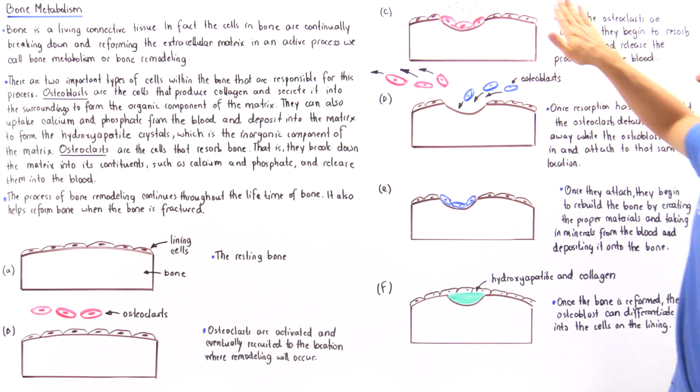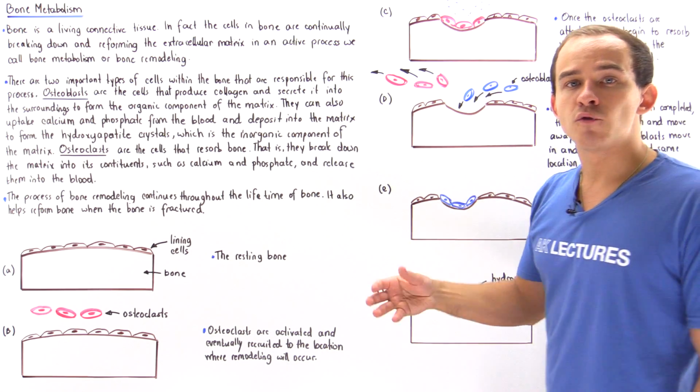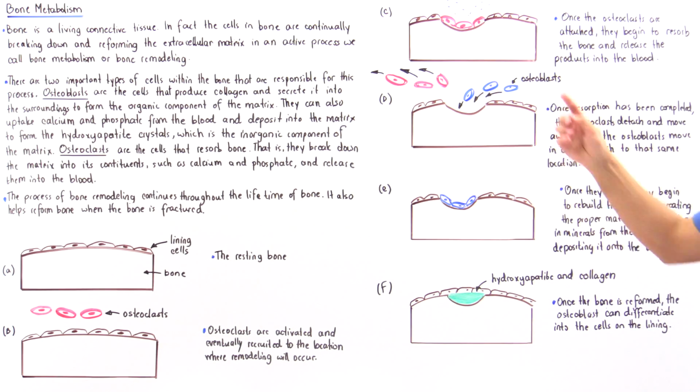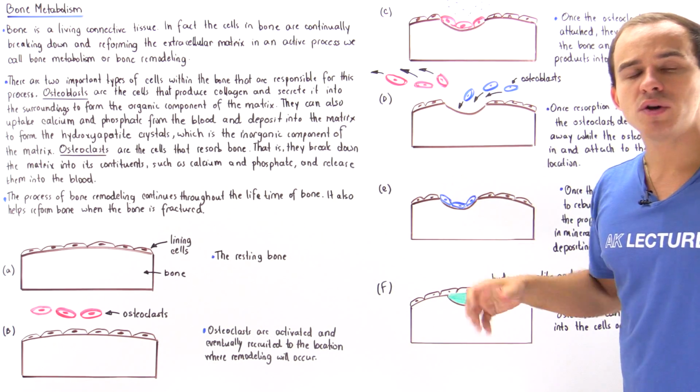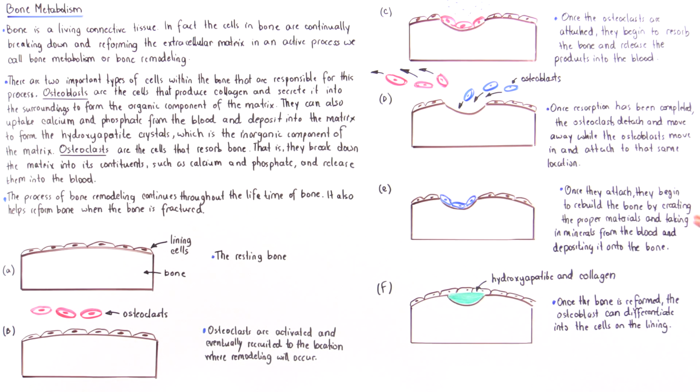And as soon as the osteoclasts attach, they begin the process of resorbing. So they basically resorb our bone, they break down the bone and release these constituents such as calcium and phosphate into our bloodstream.